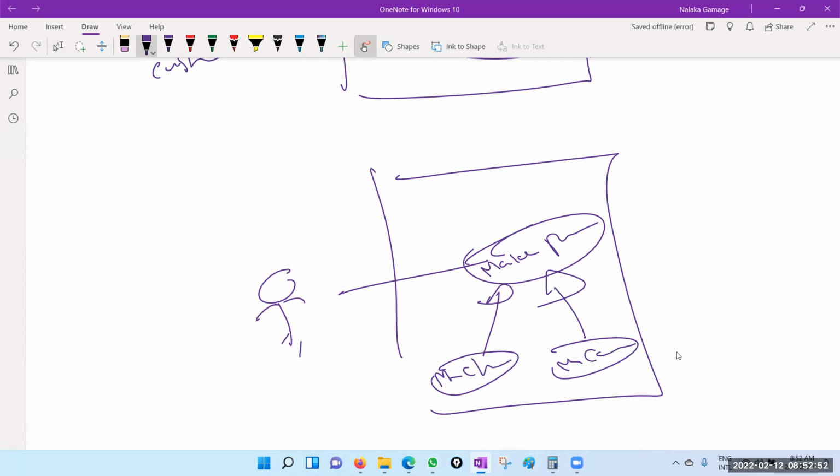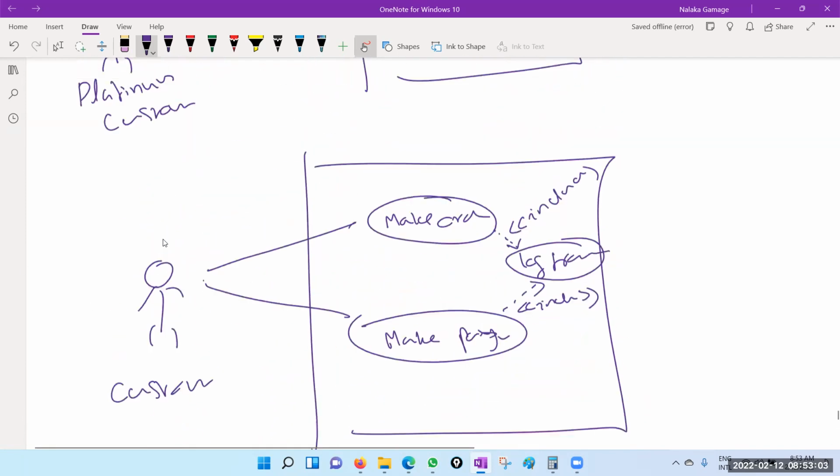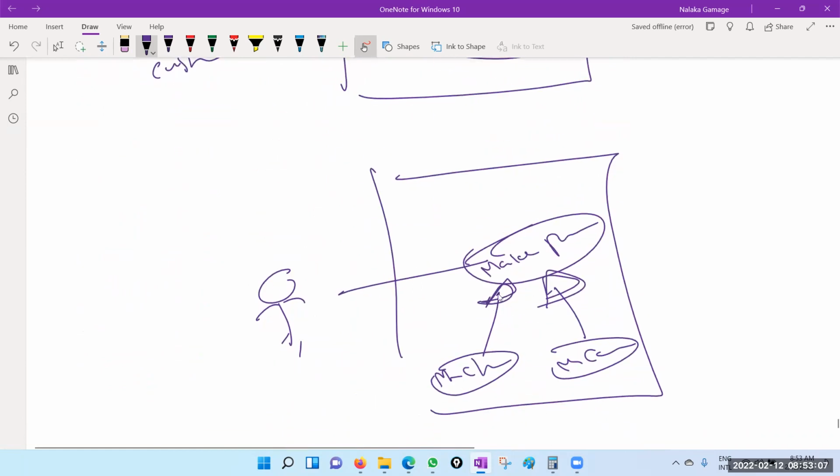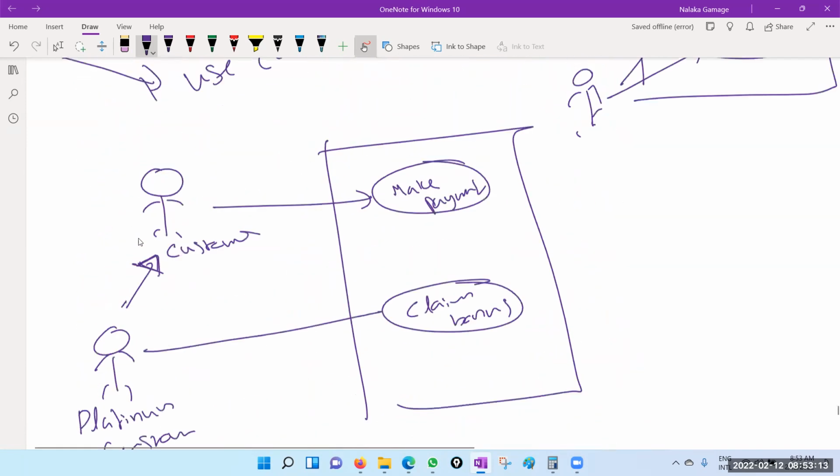So these are special cases. Again, we use the same symbol as we use for actor inheritance, but this is inheritance between use cases. So that is called inheritance of use cases. This is inheritance of the actors.